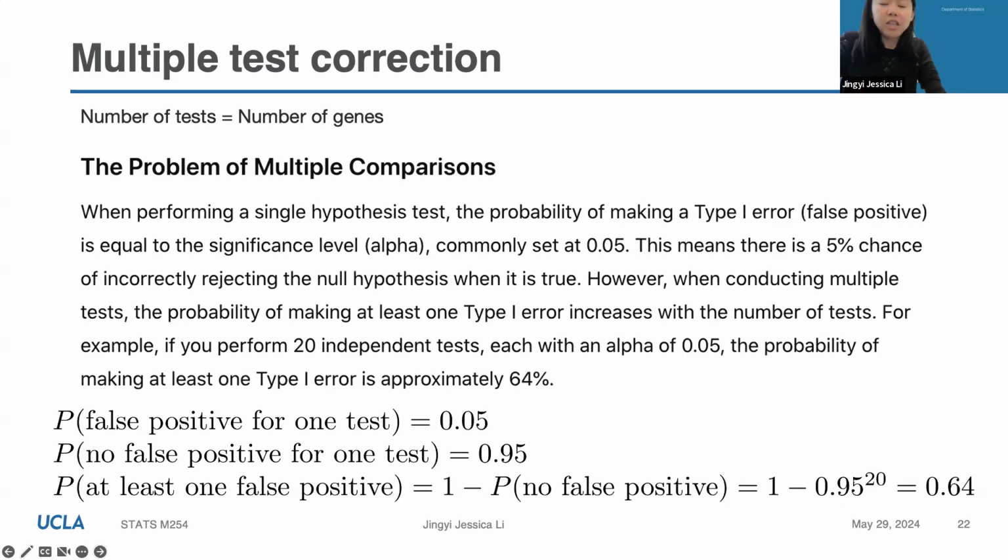And you can see this second number will decrease as 20 goes up, because the bigger the power, the smaller the number. So that's why we get 0.64. And you can see that we will more likely have at least one false positive if we do more tests, even by random chance.